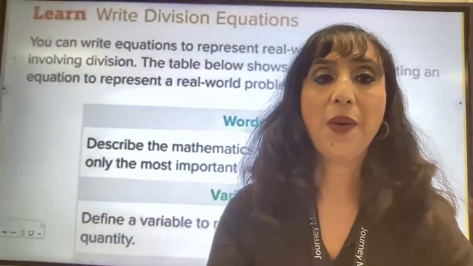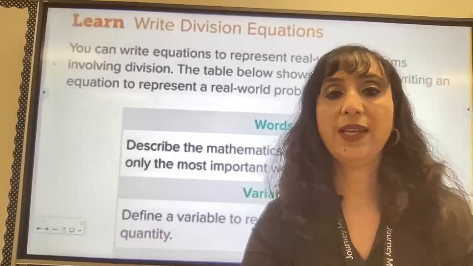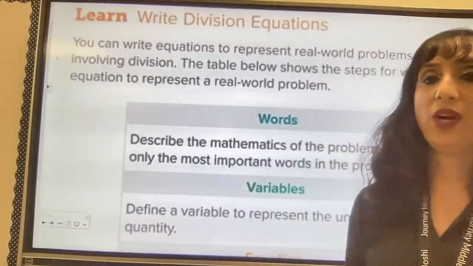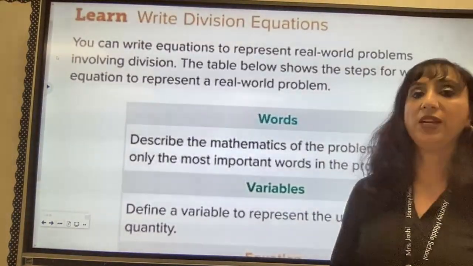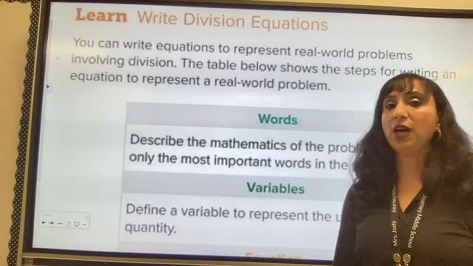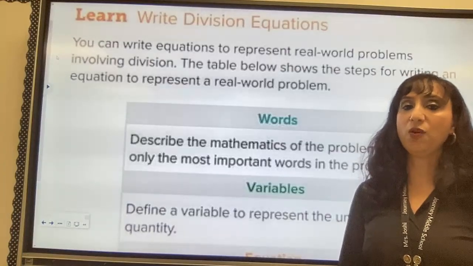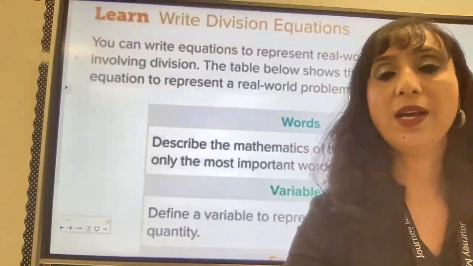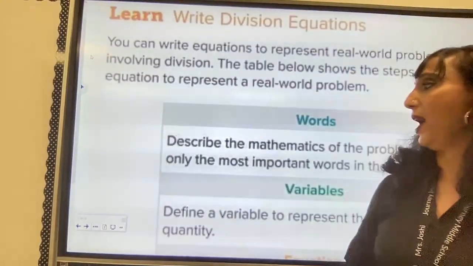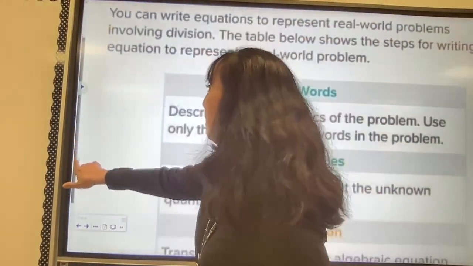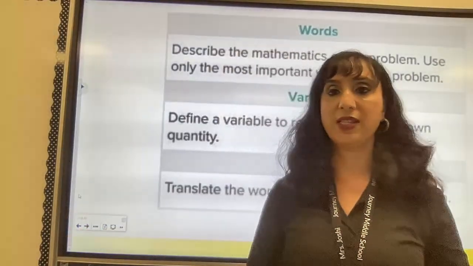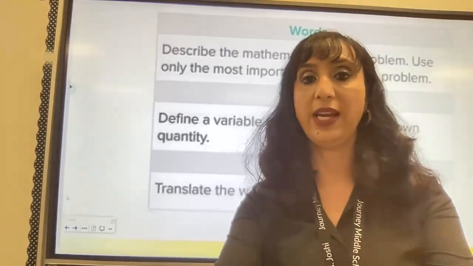Okay? So if you look at this, you can write equations to represent real-world problems involving division. The table below shows the steps for writing an equation to represent a real-world problem. These steps are always the same for equations that we have talked about already.